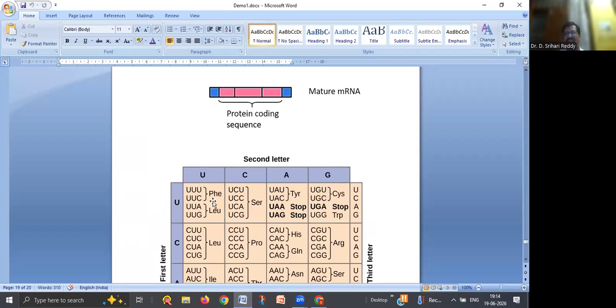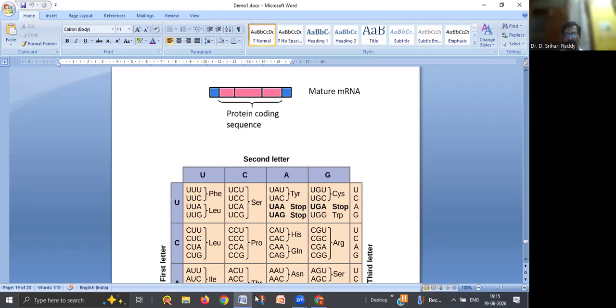In the sequence, a set of 3 nitrogen bases is called a codon. All these codons are arranged one after another. There is no gap between the triplet codons, so it is called commaless. Commaless means there is no gap among the triplet codons.